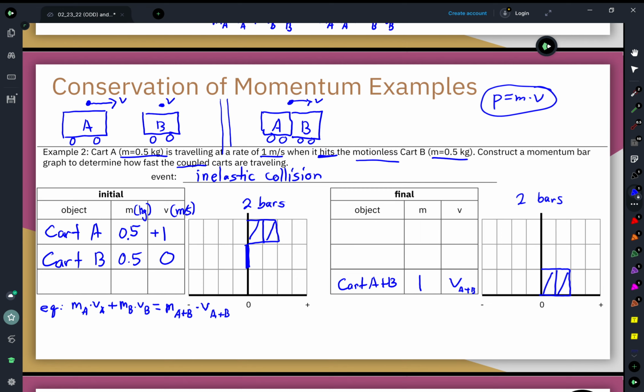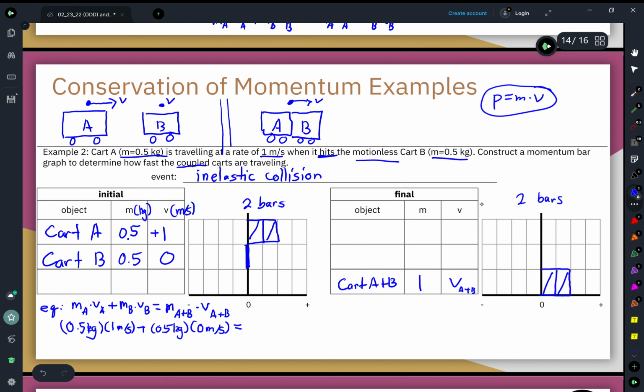I'm going to now plug in the values that I know and solve for our unknown quantity of the velocity. Mass A is 0.5 kilograms. It is traveling at a rate of 1 meter per second, plus our 0.5 kilograms for mass B times its starting velocity of 0 meters per second.